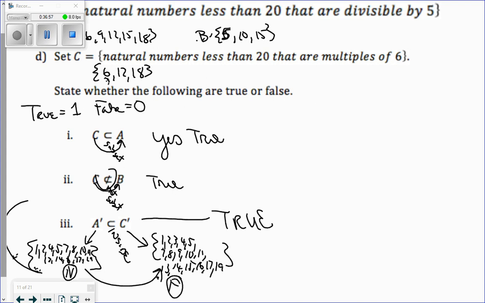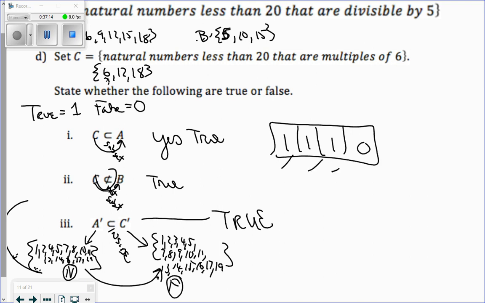So the numeric response answer key would be 1, 1, 1, 0 for true, true, true, false. Now, all of that is 1 mark. And here's the nasty part. If you get these correct and you happen to get that one wrong, you still get 0 out of 1, not 3 out of 4. So it's incredibly frustrating. Okay.